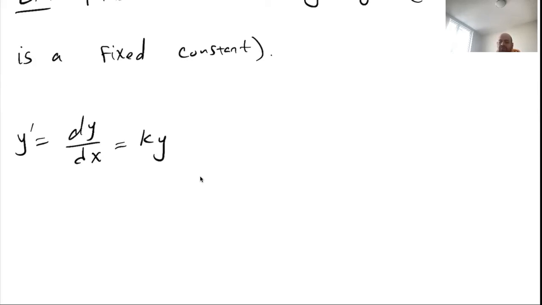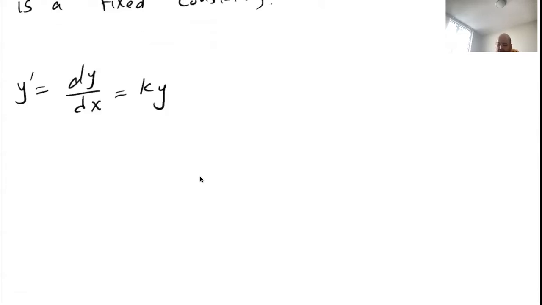And second case, if y is not 0, then we can divide both sides by the right-hand side, which is ky. Okay, so case 1, if y is equal to 0.